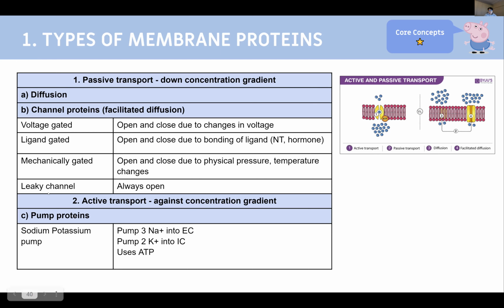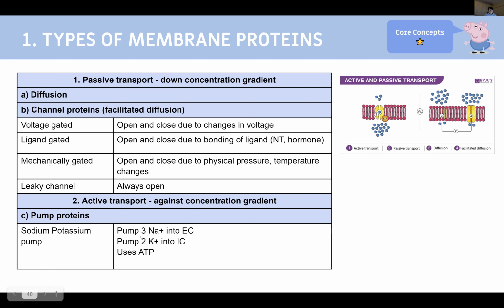We also have leaky channels, which are basically channels that are always open. We also have active transport, which involves using energy in the form of ATP and helps to pump molecules against their concentration gradient. The key thing here is pump proteins. An example is the sodium-potassium pump.